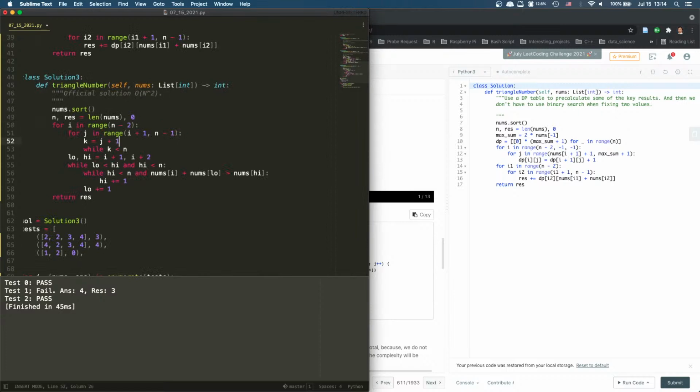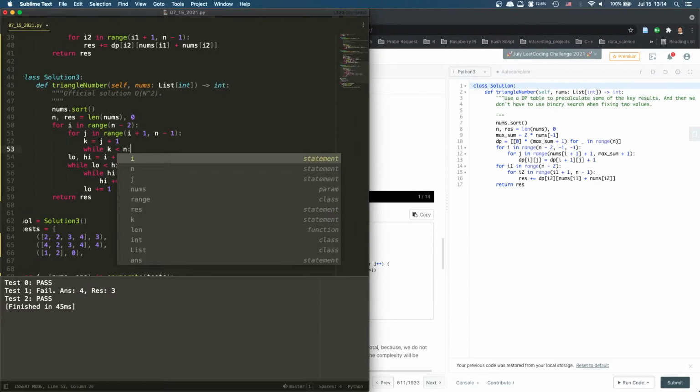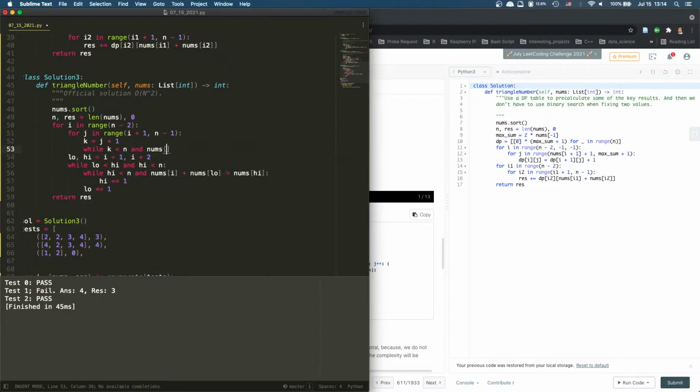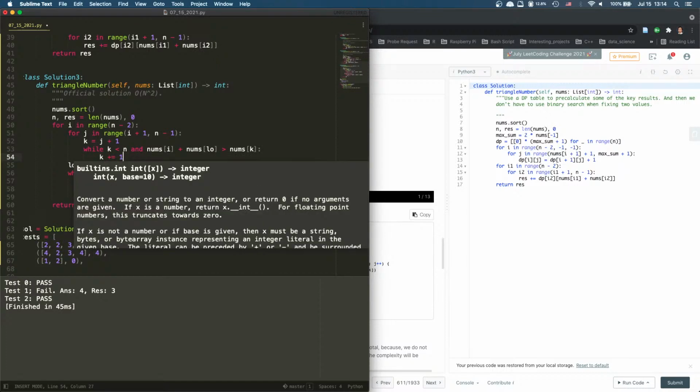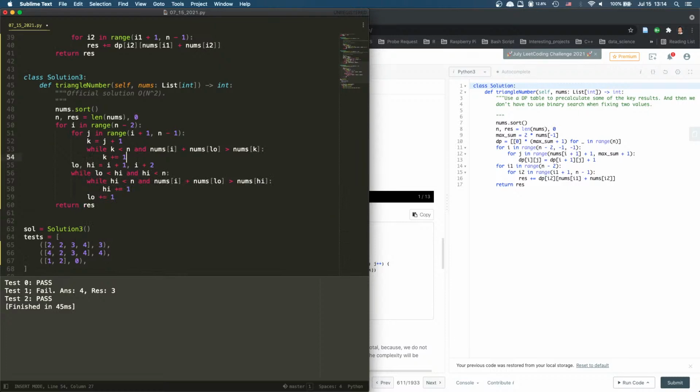While k is smaller than n, and nums[i] plus nums[j] is larger than nums[k], then we increment k, right, until we cannot do that anymore.